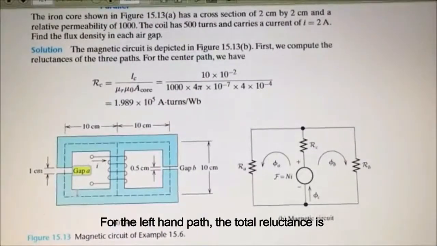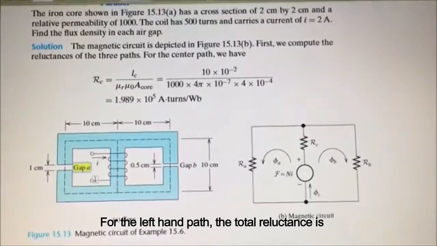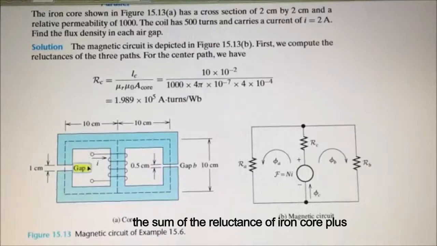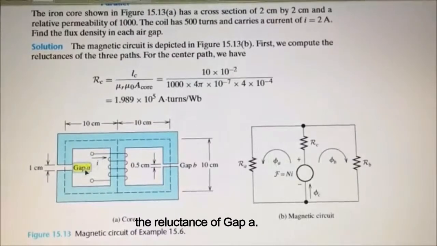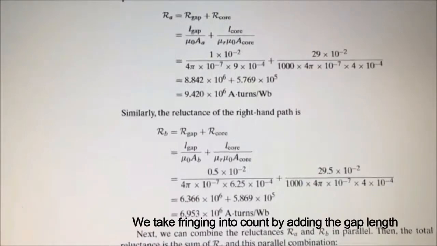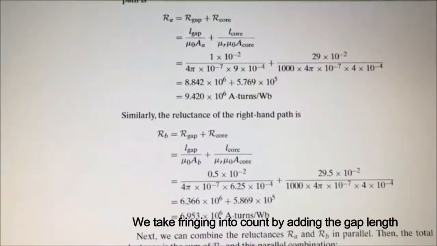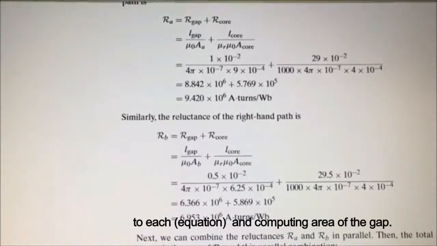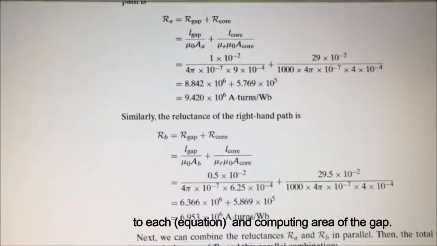For the left-hand path, the total reluctance is the sum of the reluctance of the iron core plus the reluctance of gap A. We take fringing into account by adding the gap length to its width and depth in computing the area of the gap.